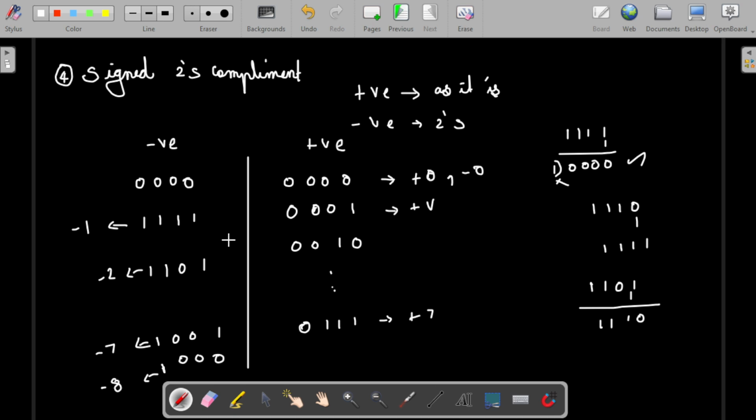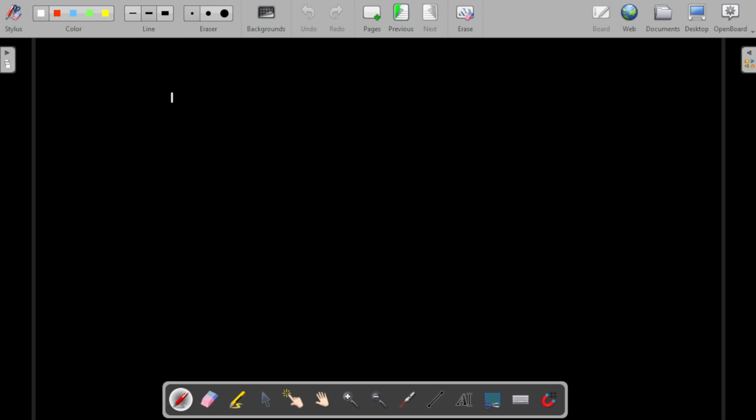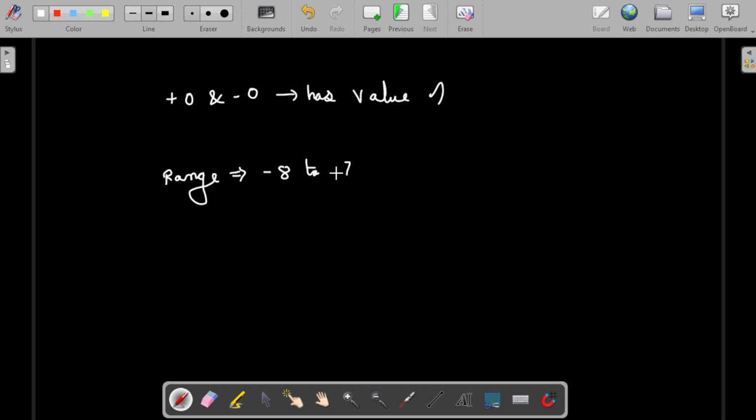So if you see the first disadvantage, that 0 has 2 representations, is eliminated here. Positive 0 and negative 0 have the same value. Then the next advantage is the range. The range is from minus 8 to positive 7, as we see in the graph.